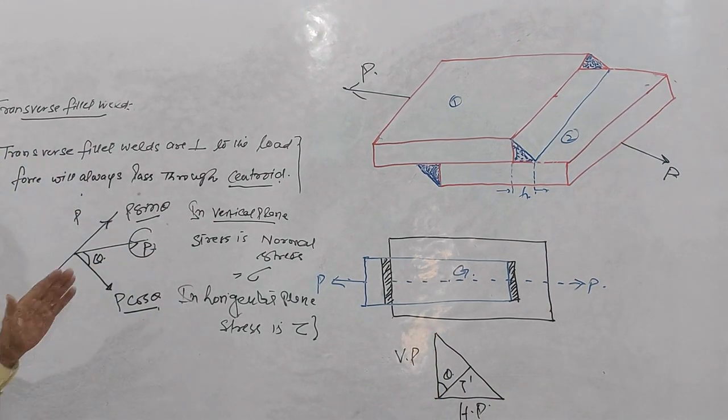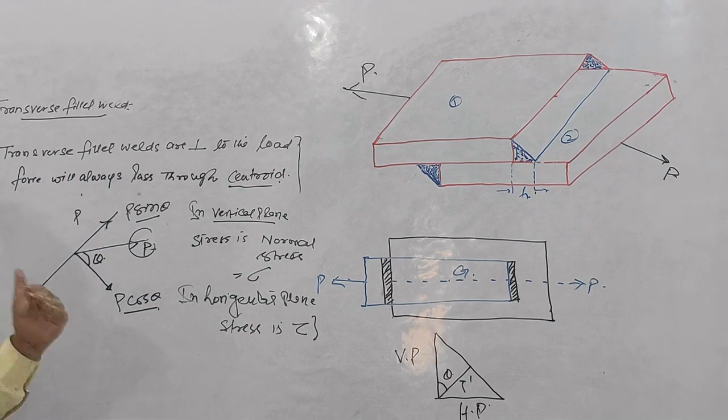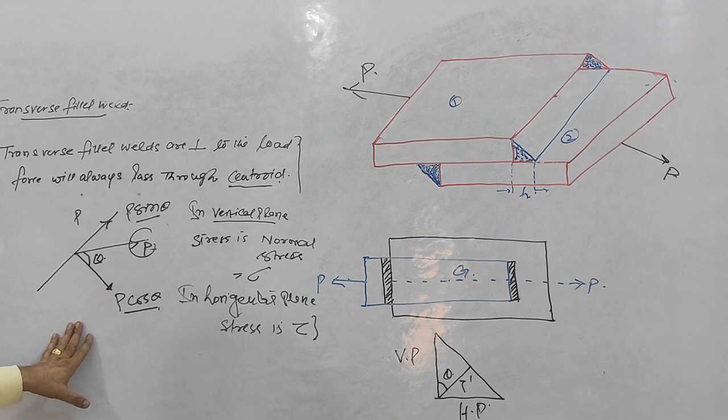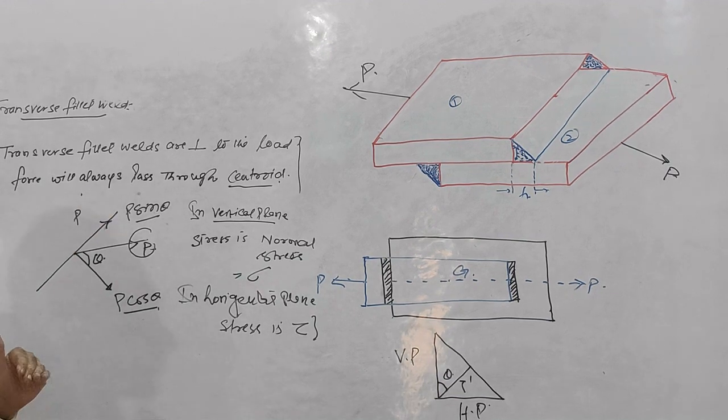We have divided the force P into components because this force is on the inclined plane. So this force is neither perpendicular nor vertical. So what I have done, I have just resolved this force into two components. One is the horizontal component and one is the vertical component.